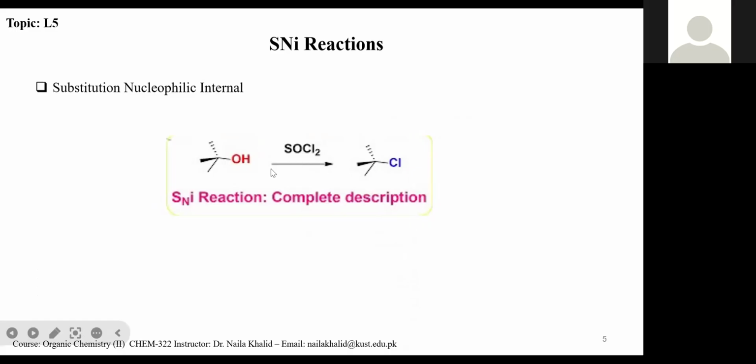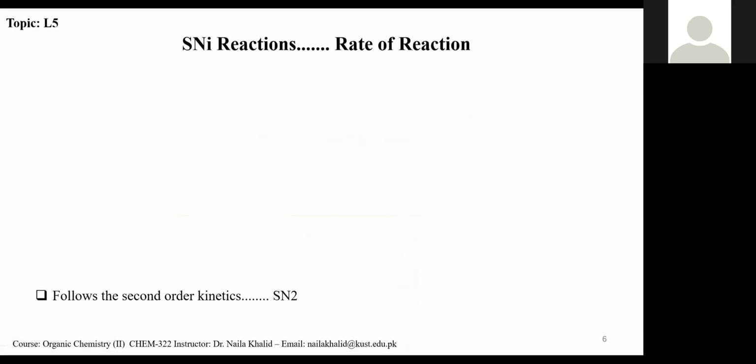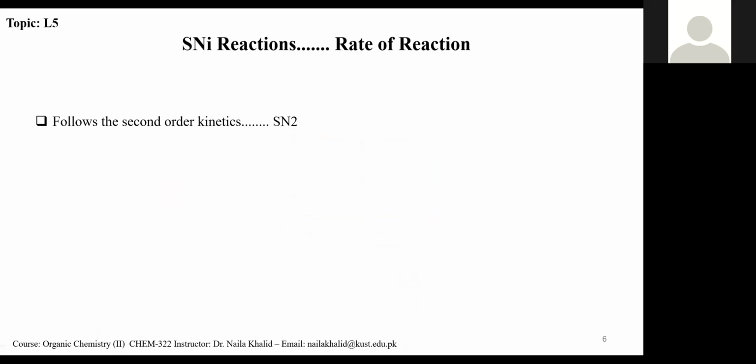So it is dependent on these two species. Just like SN2, the rate of reaction is dependent on two molecules, substrate and reagent. That is why it follows second order kinetics, just like SN2.